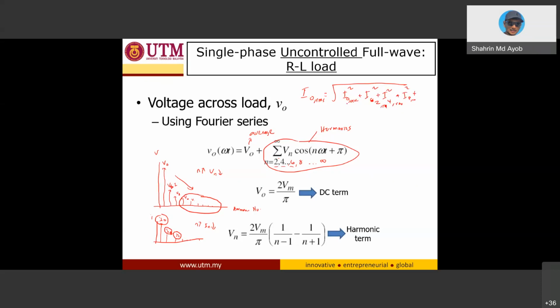Usually we only concentrate until maybe 2 or 3 terms, I2, I4, I6 only, because I8 and I10 are already very, very small and have no effect on the total current I out RMS. I hope I answered your question.